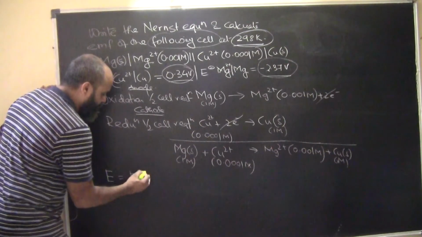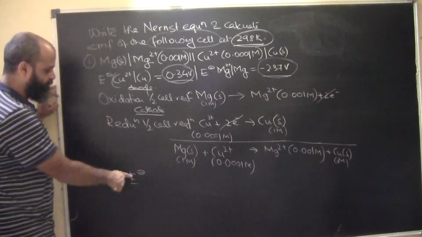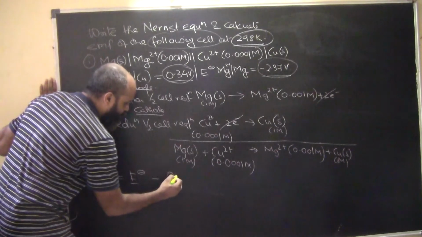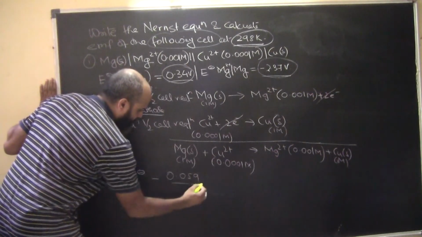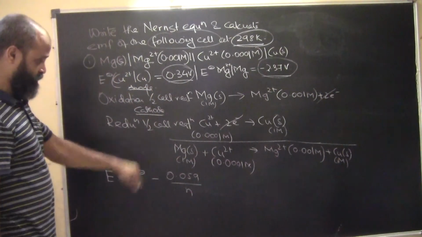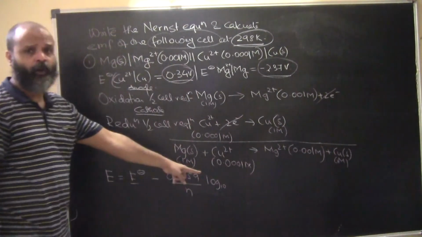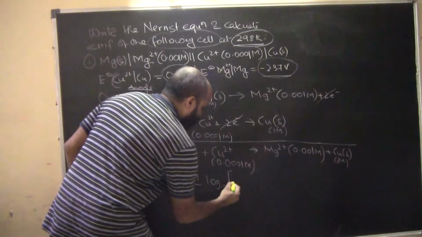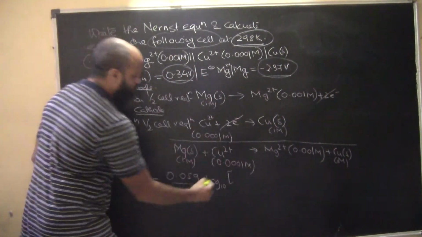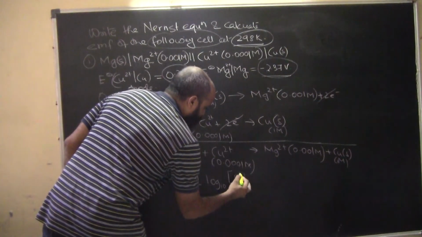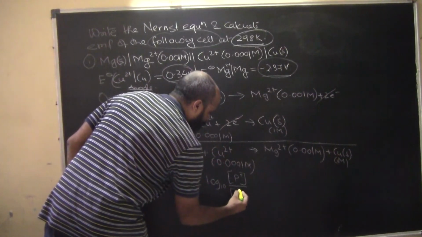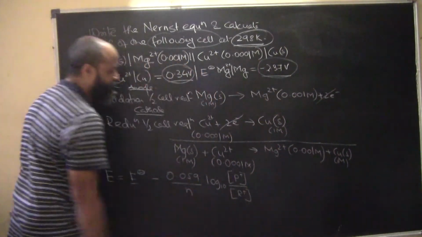EMF of the cell equals standard EMF of the cell minus 0.059 upon n log base 10 of the concentration of product over the concentration of reactants, the molar concentration of the reactive ions.